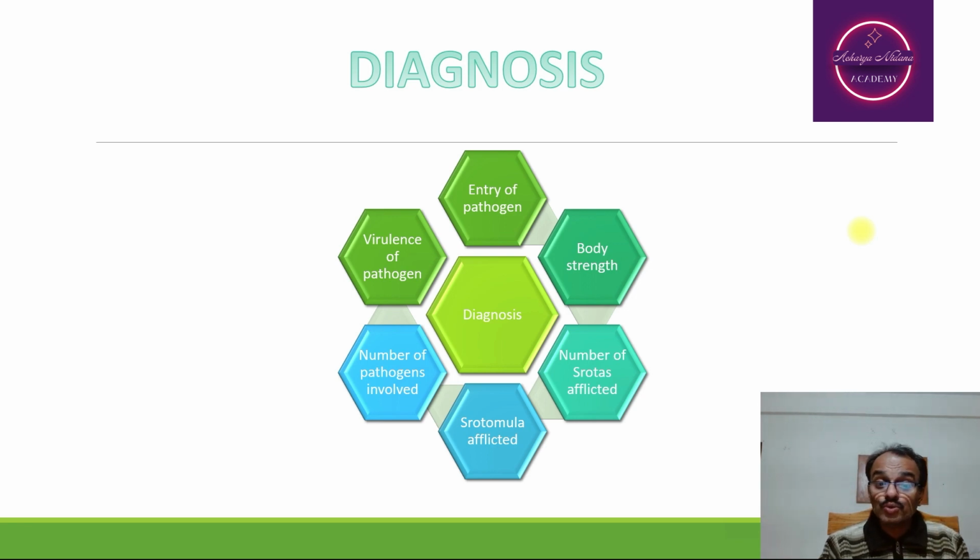Then comes the number of pathogens involved in the pathogenesis. If a smaller number of pathogens are affecting a particular Srotas, the person may have milder Srotorodha. If a greater amount of pathogens are afflicting the Srotas, the person may show severe Srotorodha.